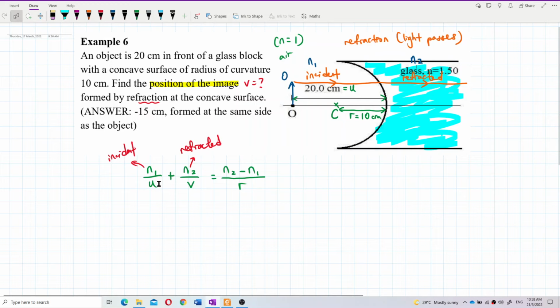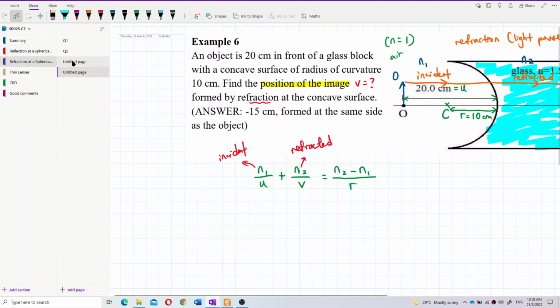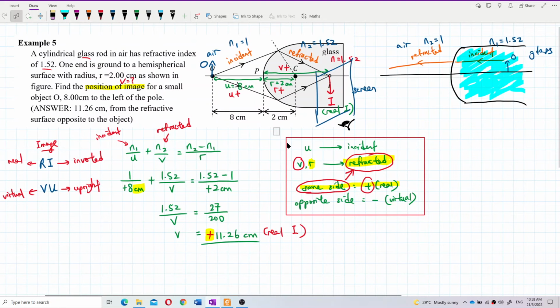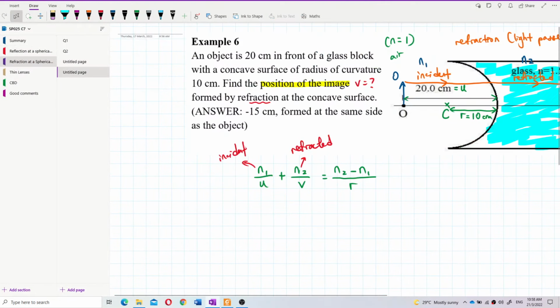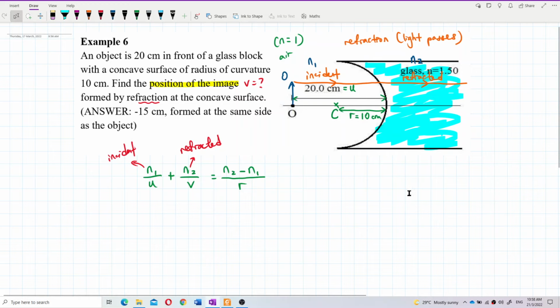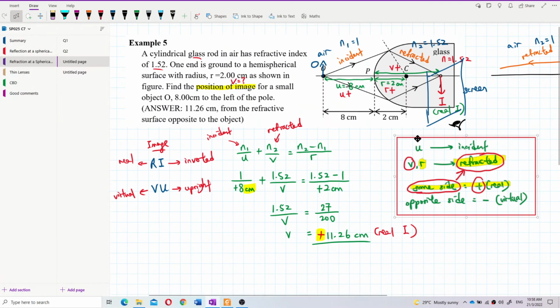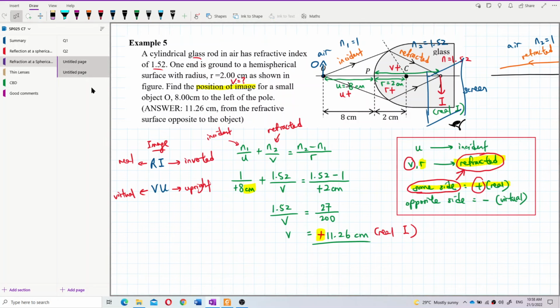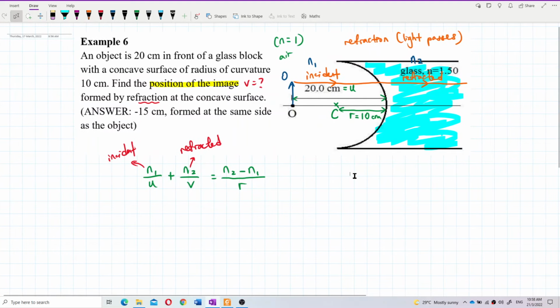Okay, how about the object distance? Object distance is the 20 centimeter. Is 20 centimeter positive or negative? So go back to our rules from previous. Let me copy that and put it over here.